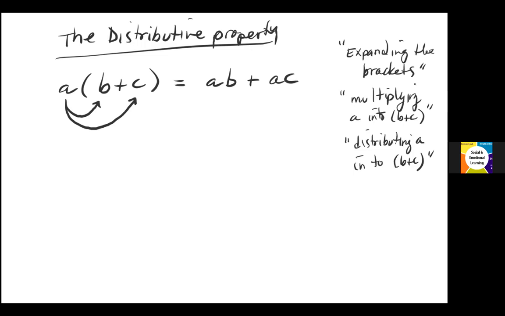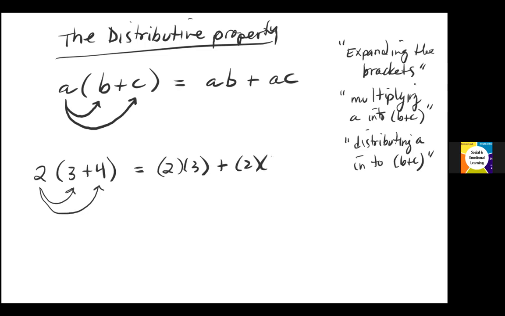So if you had 2 times 3 plus 4, we could write this as two products. We could say this is 2 times 3 plus 2 times 4. Okay. And we could say, well, 2 times 3 is 6, 2 times 4 is 8, which is 14.